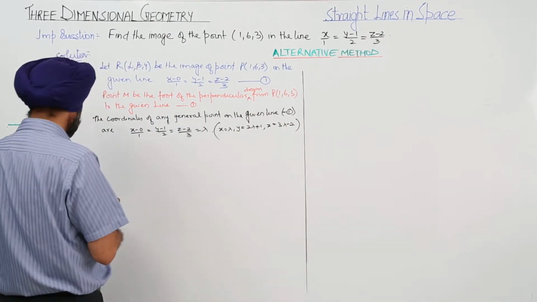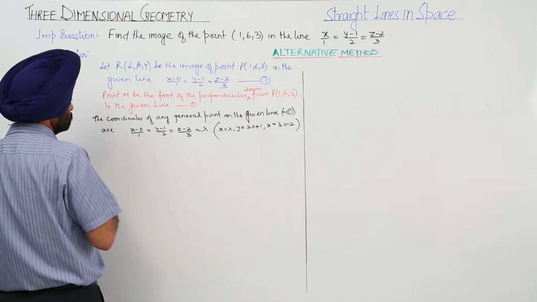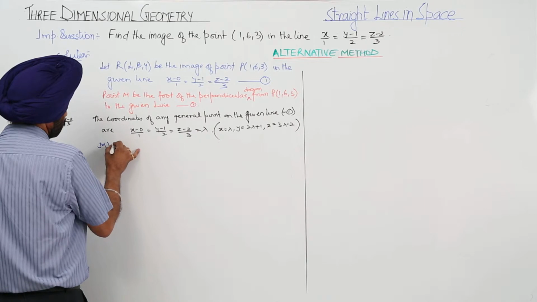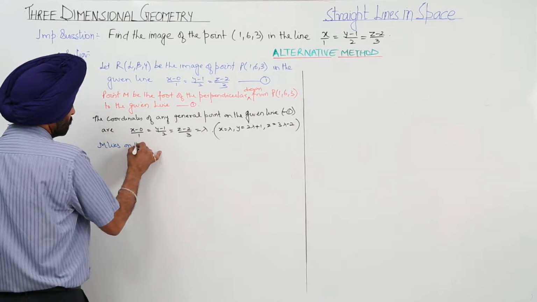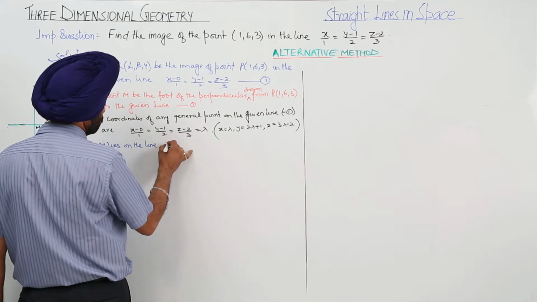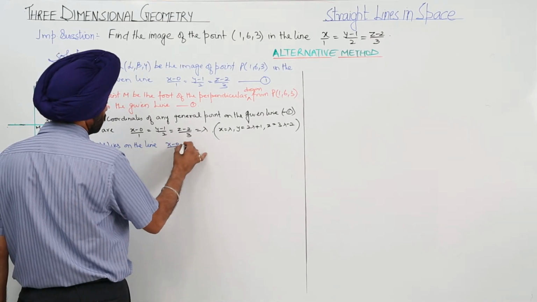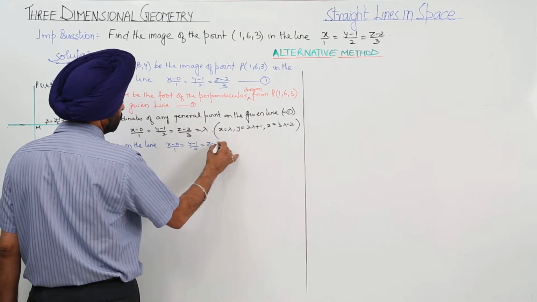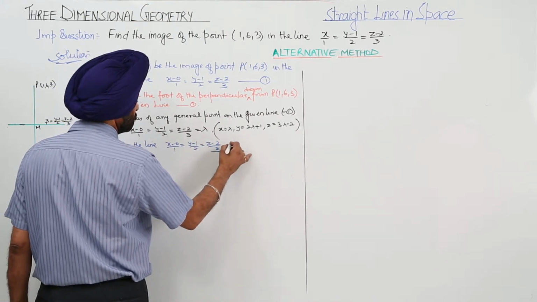Okay. Now M lies on the line x minus 0 upon 1 is equal to y minus 1 upon 2 is equal to z minus 2 upon 3.